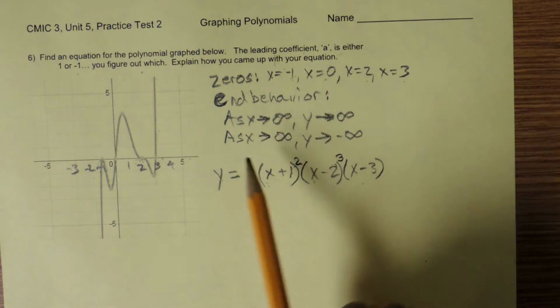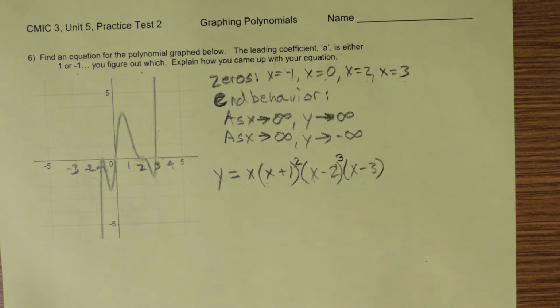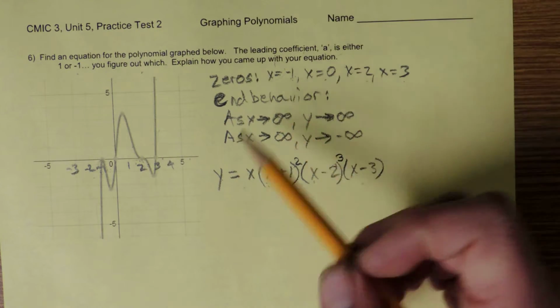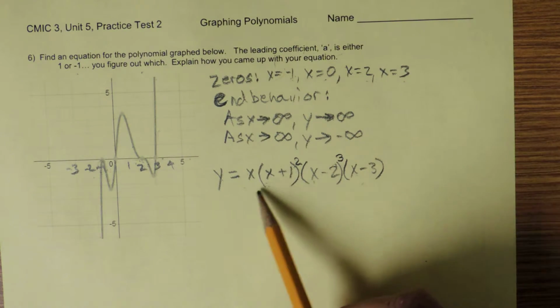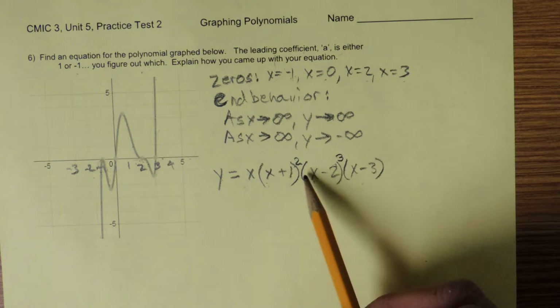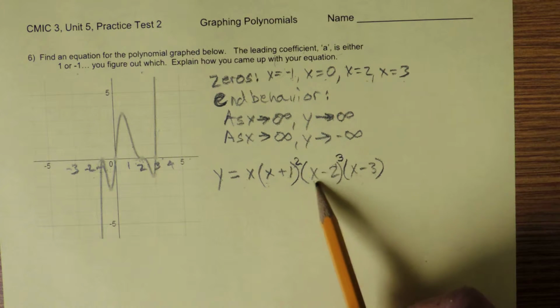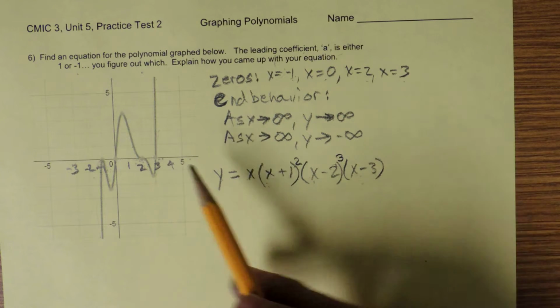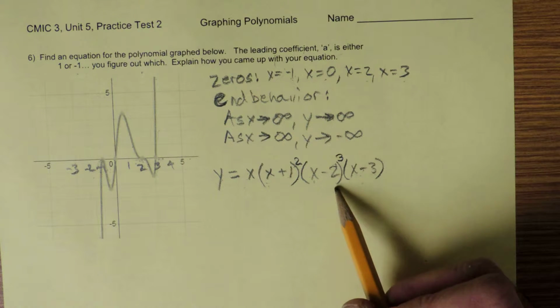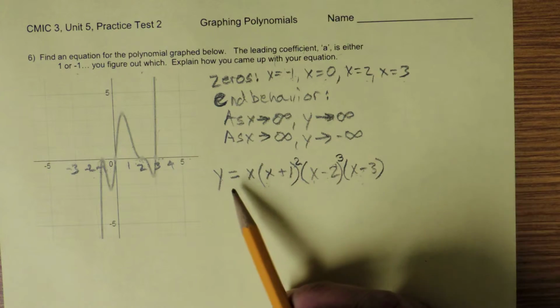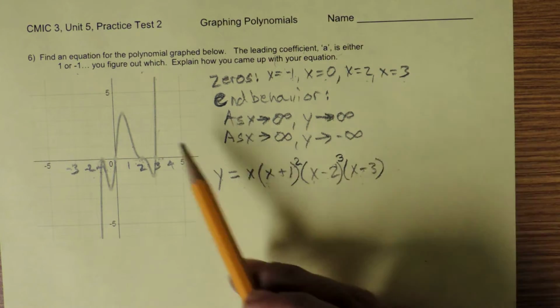Okay. Now I have to look at my end behavior. If x is positive, these are all positive. So x is greater than 3. That forces us to be positive. This is positive, this is positive. I have all positive numbers.